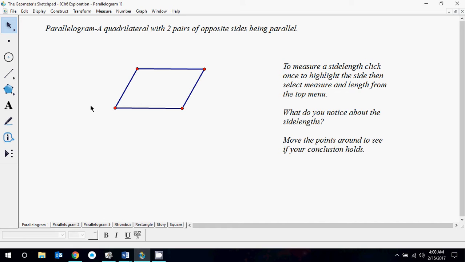For the first one, a parallelogram, you need to fill in your blank notes that a parallelogram is a quadrilateral with two pairs of opposite sides being parallel. Hence the name parallelogram. You'll notice you have 4 blanks in that box.